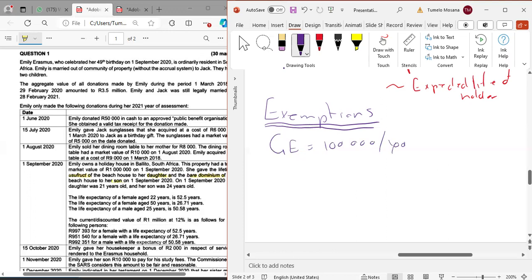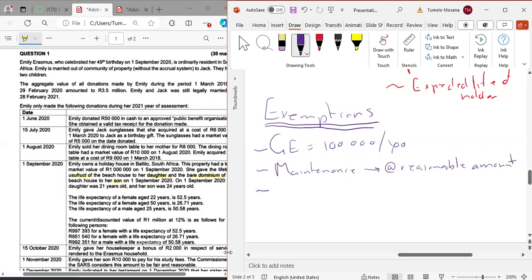So it is not per lifetime, per year of assessment. And then also you would have an exemption for maintenance at a reasonable amount, right? Those are the key exemptions that you can find.